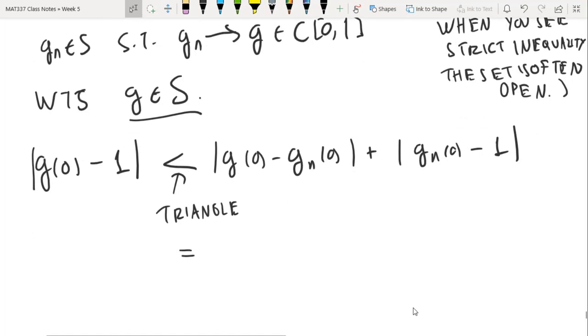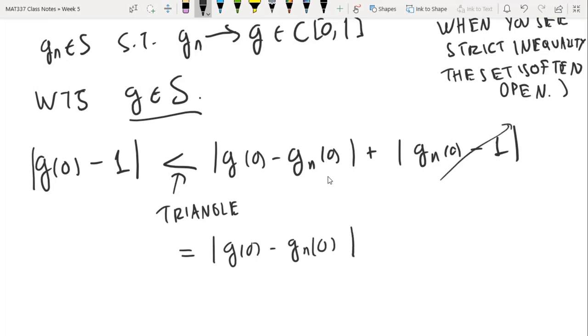Okay, so far? And I think it's clear, right? This guy is 0, because by definition, g_n in S means g_n(0) is 1. And then just take limits. So this is less than epsilon.